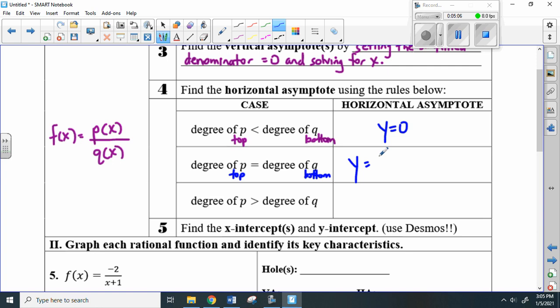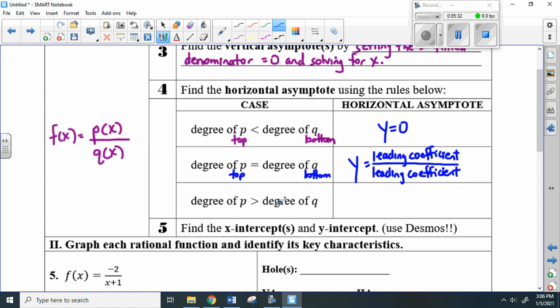You find it by taking the leading coefficient on top and dividing it by the leading coefficient on the bottom. The coefficient is just the number in front of the highest power of x.